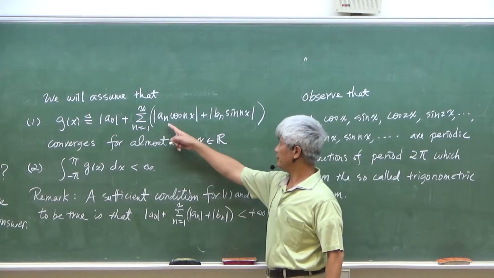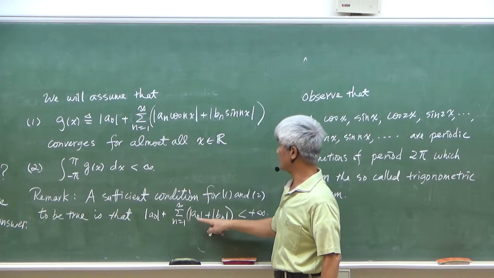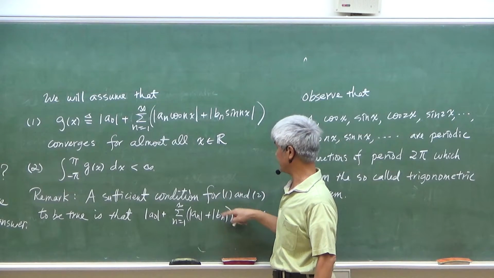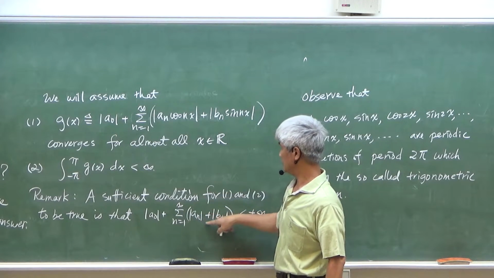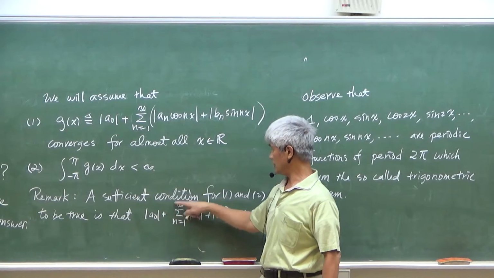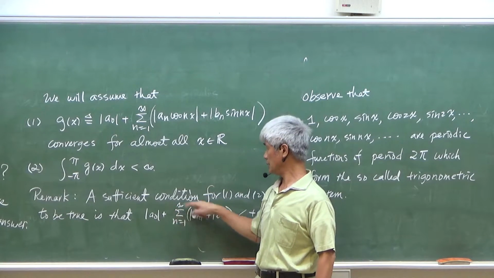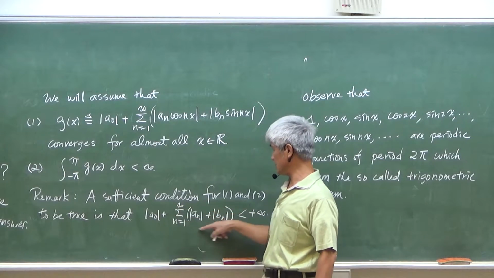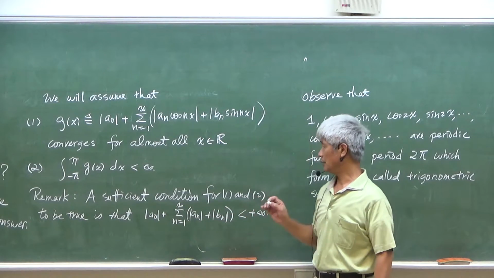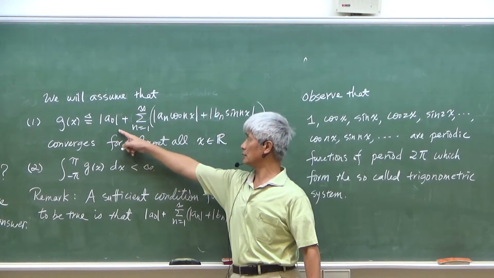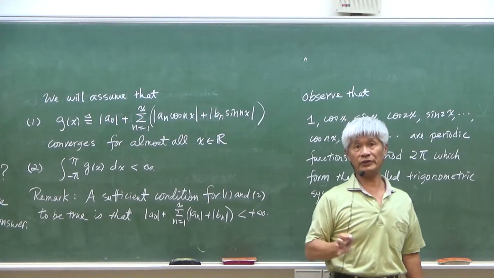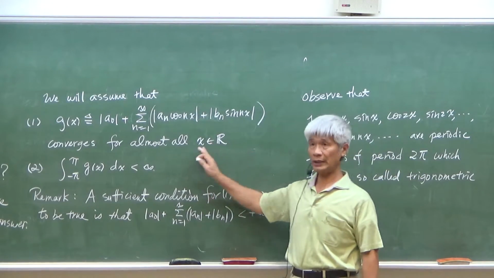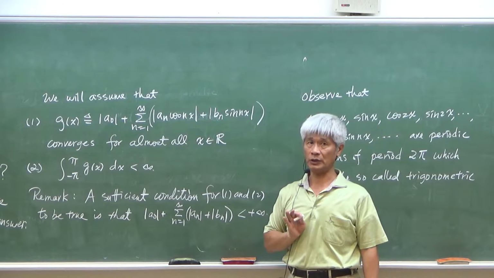So if the absolute values of an and Bn form an infinite series, and if this infinite series is finite, all right, then of course g of x converges everywhere.